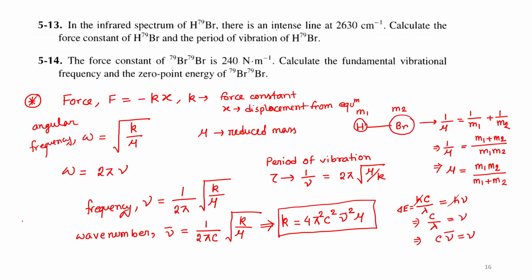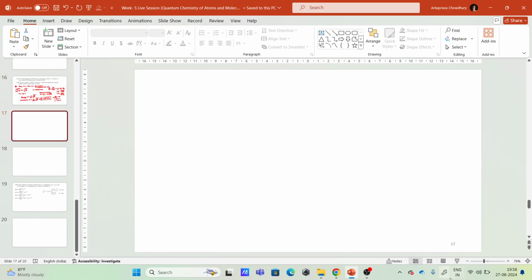So the force constant K is 4 pi square, nu bar inverse square, c square and reduced mass. But before that, let us calculate the reduced mass.